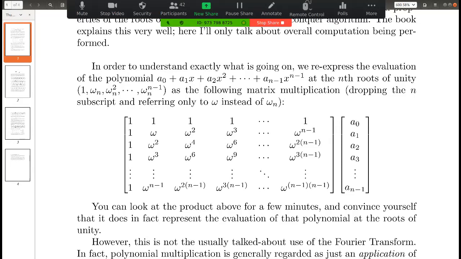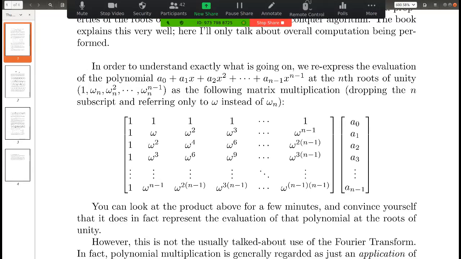A degree n polynomial can only be represented uniquely by n plus 1 different points and its evaluation at those points. So if we have something that goes up to the 8th, or something that goes up to the 7th, rather, we have to evaluate it at the 8th roots of unity, or else we're going to get confused.